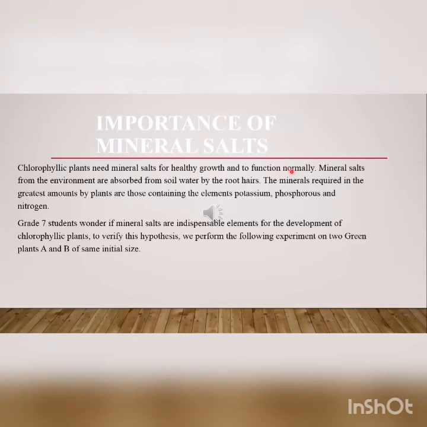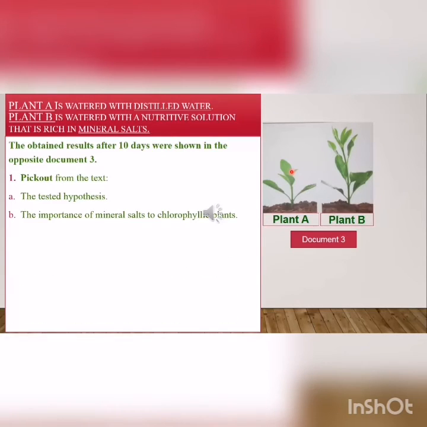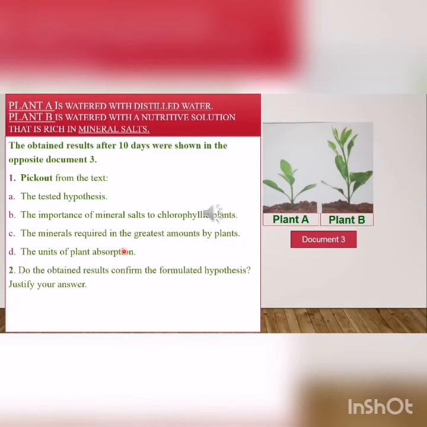Mineral salt for healthy growth and to make the plant function normally. The minerals required in greatest amount by plant: nitrogen, phosphorus, and potassium. The unit of plant absorption is the root hair.